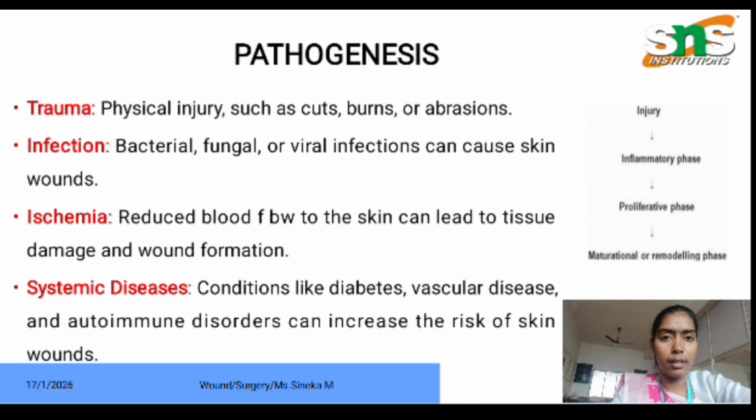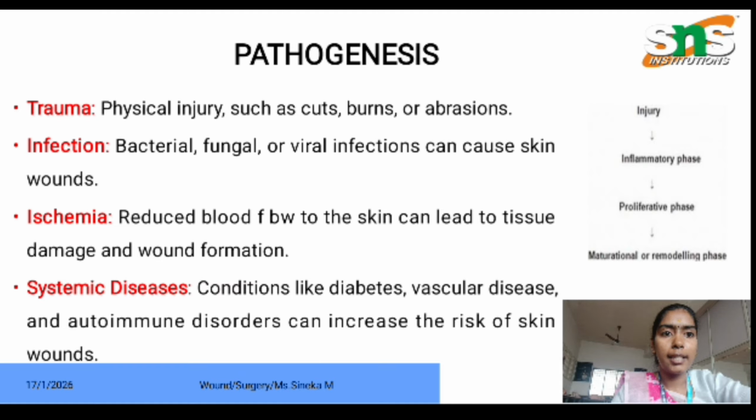Next is pathogenesis. Wound can occur from trauma. It can be physical injury such as cuts, burns or abrasions, and also it is derived from infections such as bacterial infection, fungal infection, viral infection that can cause skin wounds. Next is ischemia. Reduced blood flow to the skin can lead to skin damage and wound formation.